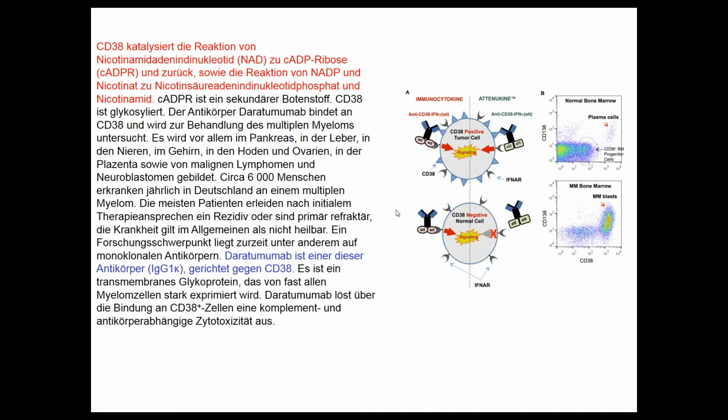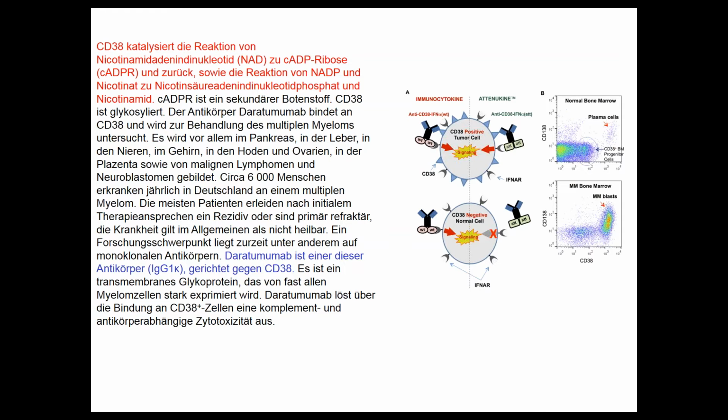Now, the topic that concerns us here is a surface molecule that's also expressed in plasma cells. You'll recall that plasma cells don't express CD19 or CD20, so rituximab doesn't help, but they do express CD38.